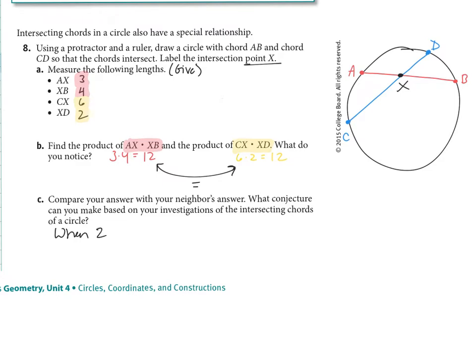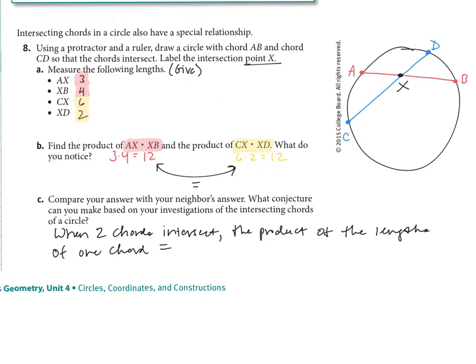We're going to say when 2 chords intersect, the product of the lengths of one chord equals the product of the lengths of the other chord.